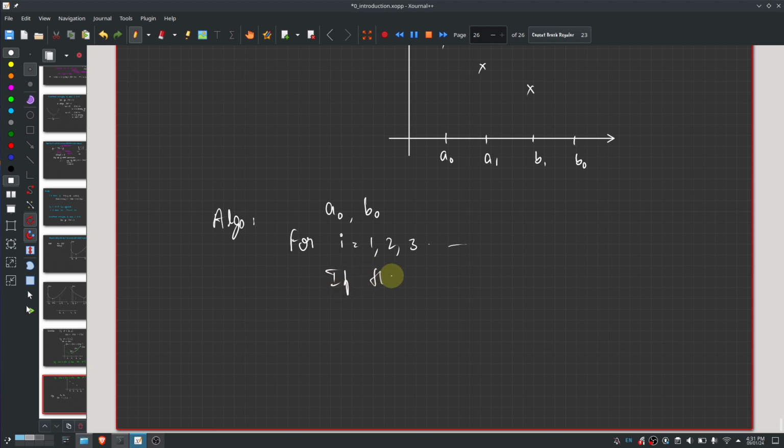If f of A0 is greater than or equal to f of A1 greater than or equal to f of B1, you set, sorry, I should do it the following way.